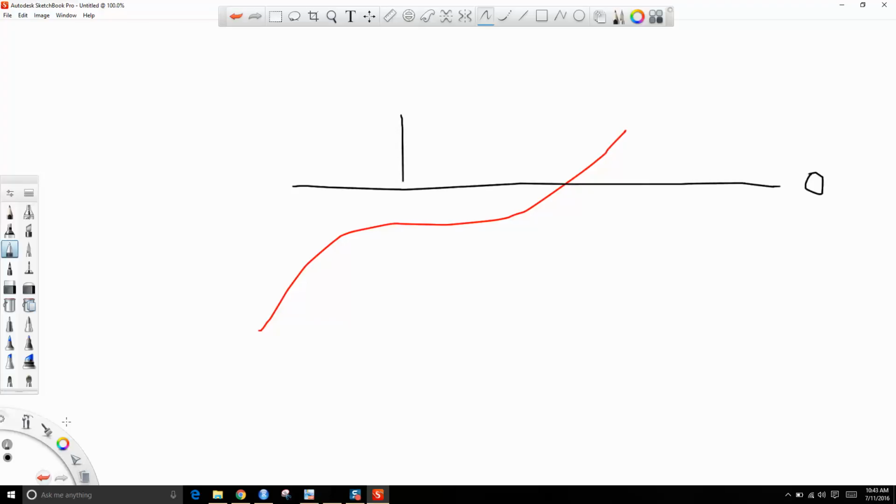You start here and here. So this will be x on the left, and this will be x on the right. Then you take the halfway point between here and here. That's called xm, x the midpoint.